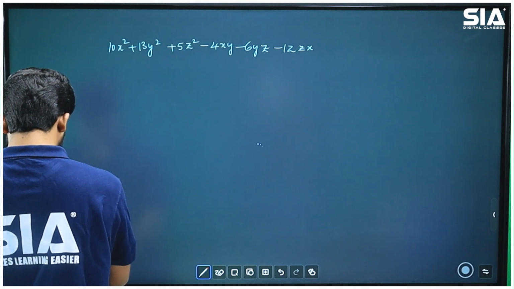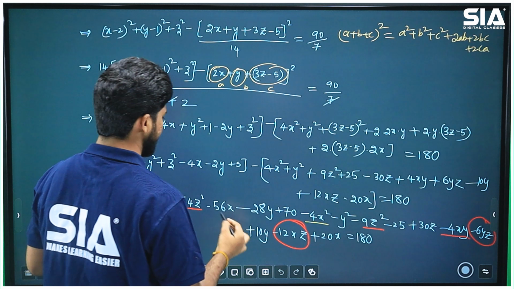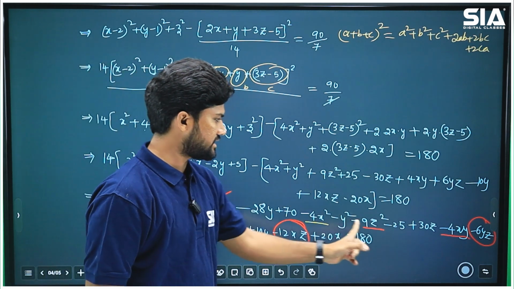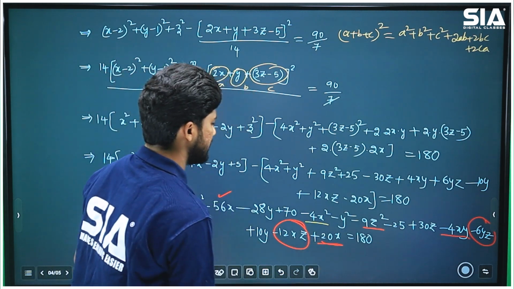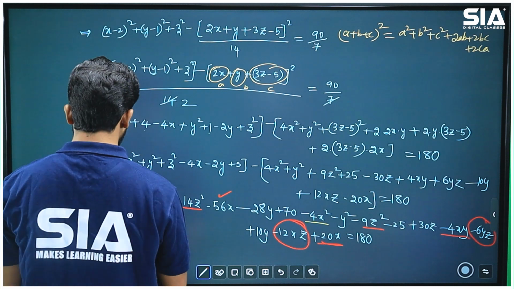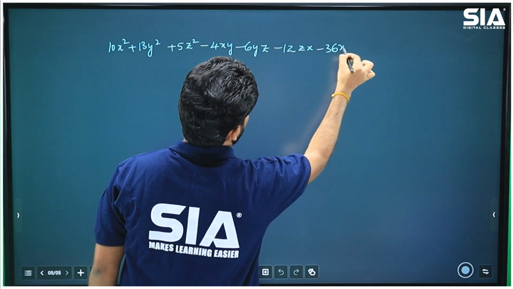Okay, so next, after xy, yz, zx, take the x values. Minus 56x, there is no other x. Minus 56 plus 20x is minus 36, so we can write here minus 36x.